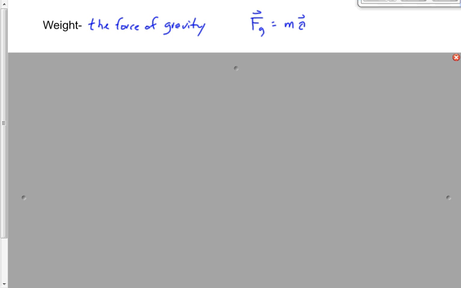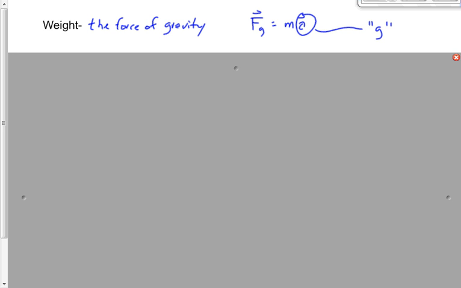So a, we sometimes replace with the term g, meaning negative 9.81 or 1.6 or whatever it happens to be, depending upon where you are. Your weight, because it's a force, is measured in newtons.